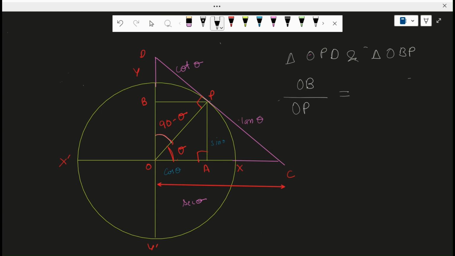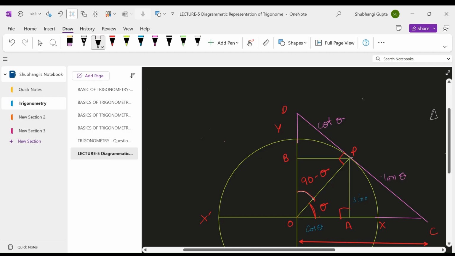Let me first take the angle sides of the triangle OPD. So this is our 90, and if this is our 90 minus theta, then adjacent side will be OP upon our hypotenuse.